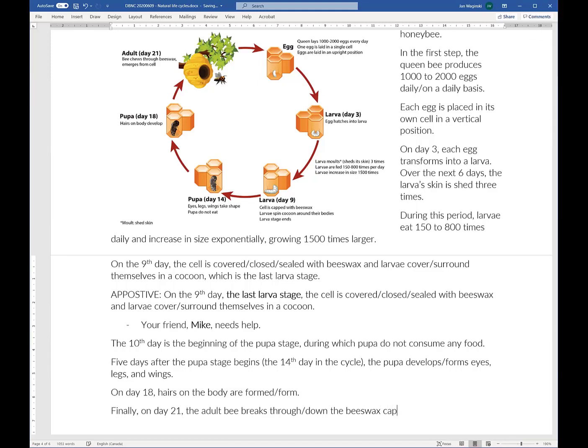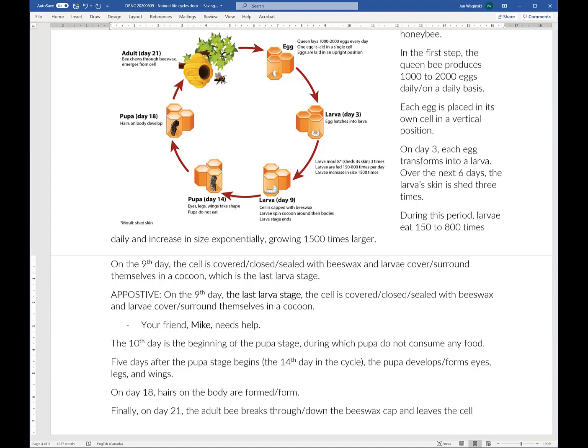Yeah, and then comes out from the cell, or moves out. What's one word? Comes out, moves out. One word starts with L. Leave. And leaves the cell.